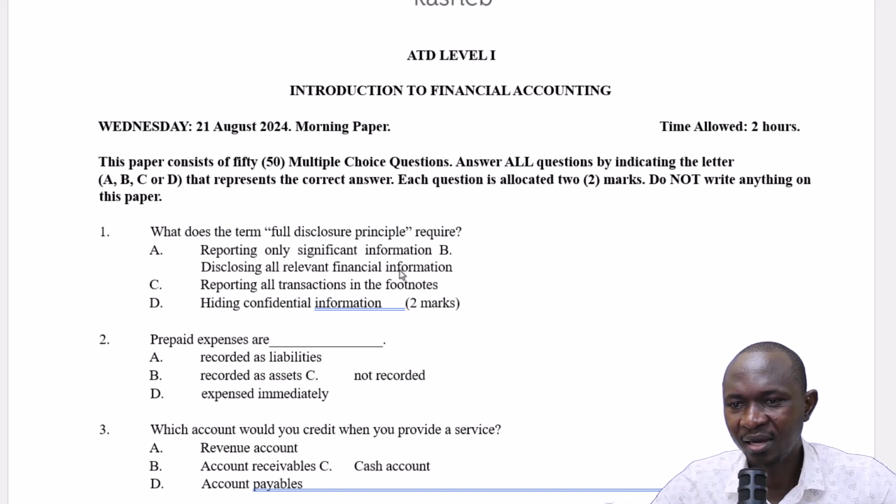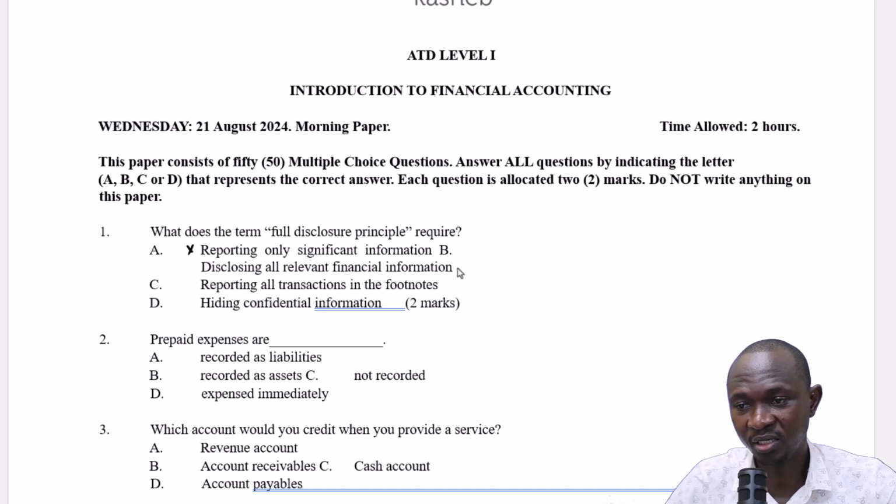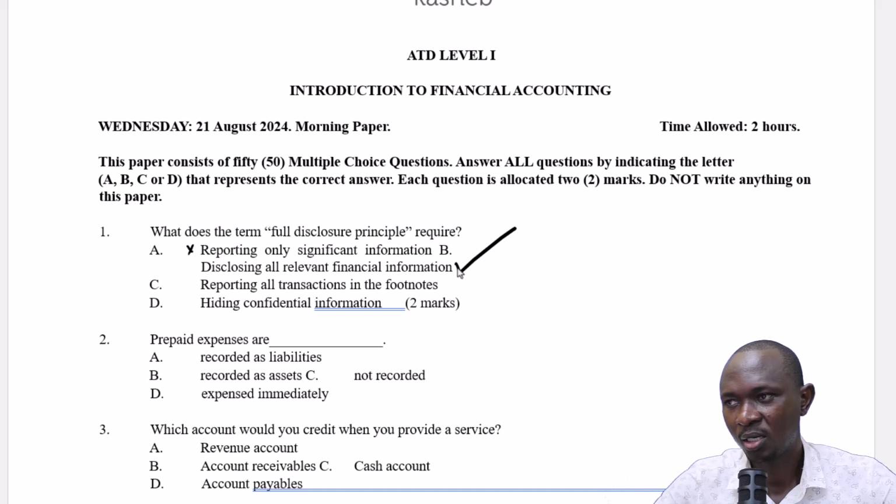What does the term full disclosure principle require? A, reporting only significant information, not really. B, disclosing all relevant financial information, perfect. This is most likely the correct answer.